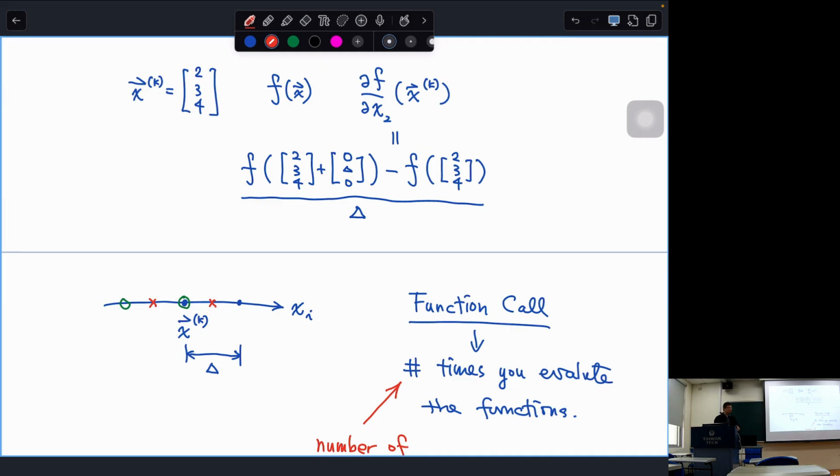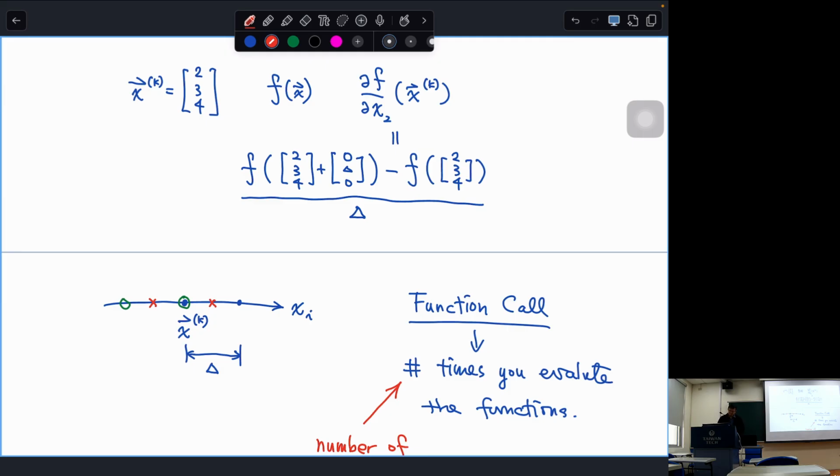Usually people try to develop new methods which require fewer function calls. So if you are working on optimization and can find a new method that reduces the required function calls, that's a good development.